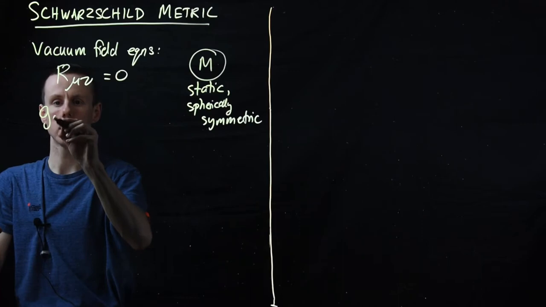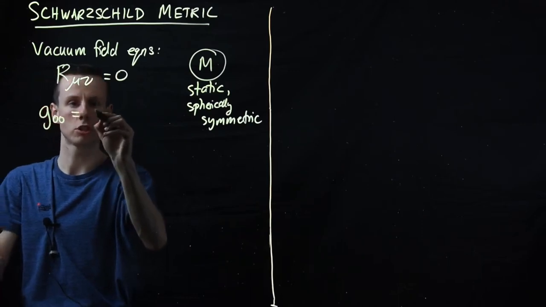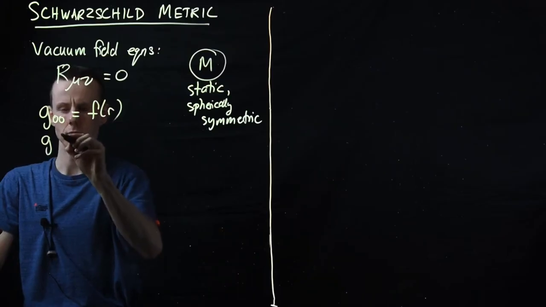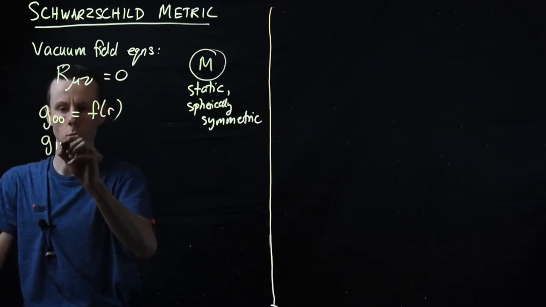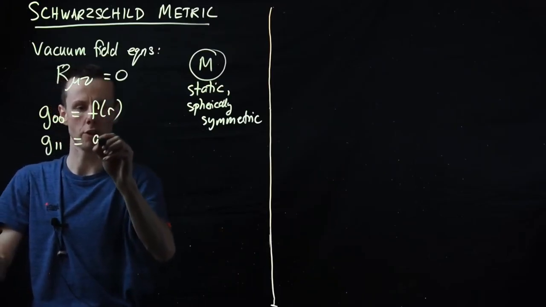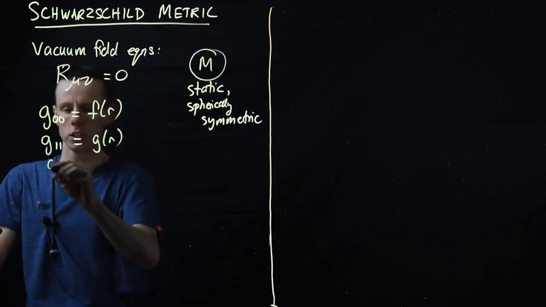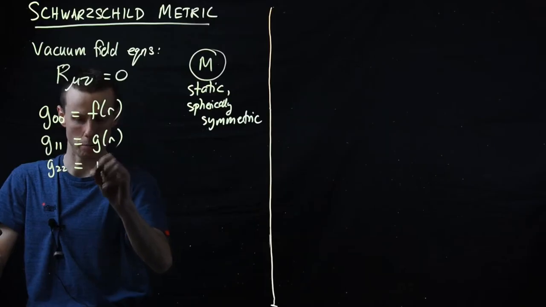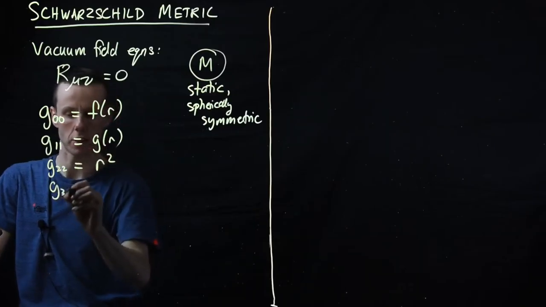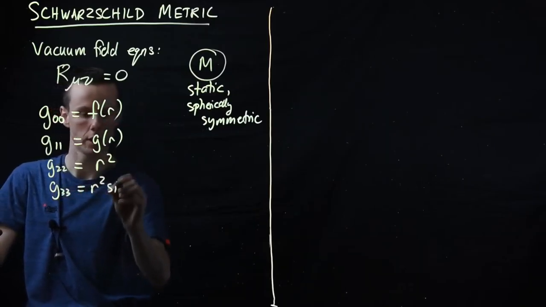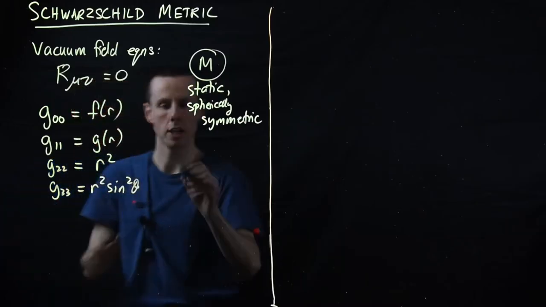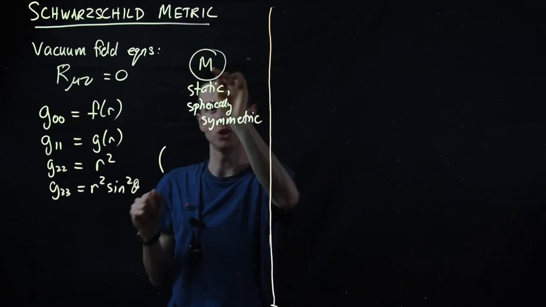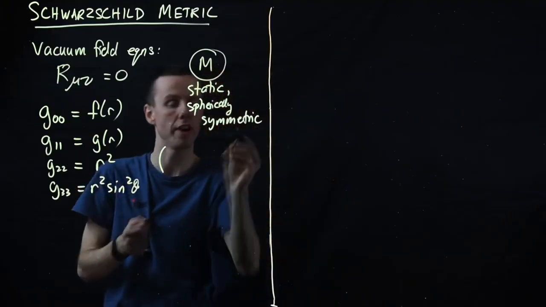So g_00 is just some function of r. g_11 is just some other function of r. g_22 is just r squared, and g_33 is just r squared sine squared theta, where here we're choosing spherical polar coordinates centered on the mass, basically, because of the spherical symmetry.